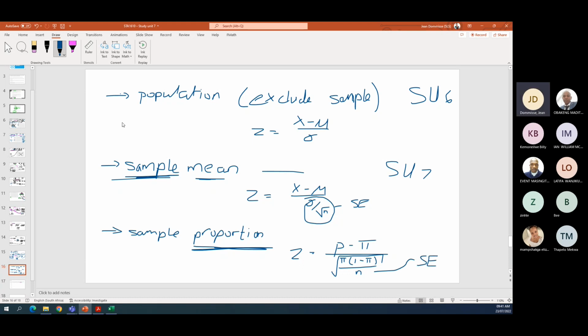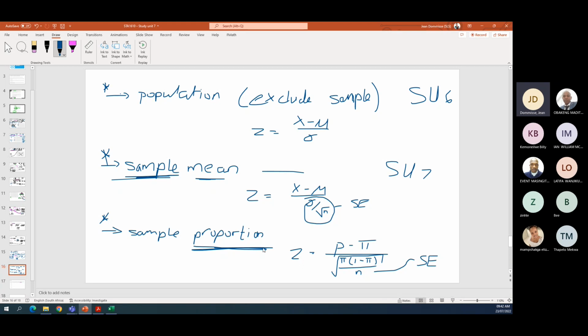Okay, so for this assignment, these are basically the 3 things that they can test, and that they need to say the question is about. They can't just give you numbers and say you need to work out the probability, because they need to tell you if it is the population, sample mean, or sample proportion.